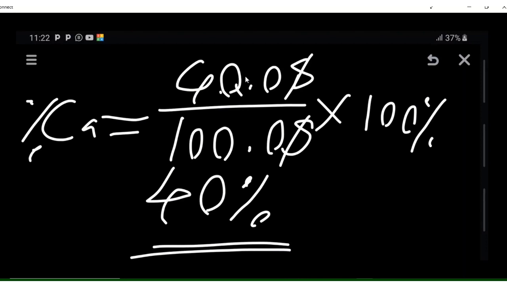So you can even use the mole to find the percent composition of each element. So that's how you can find the percent composition of any element from any compound. You can use this. All right.